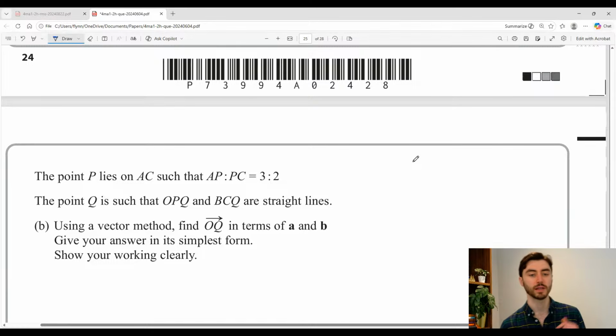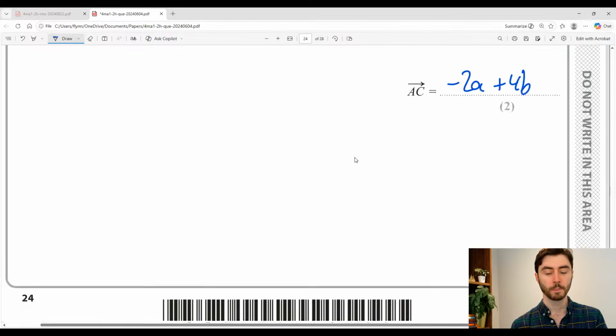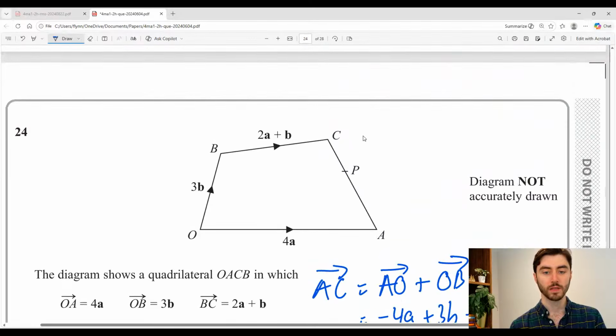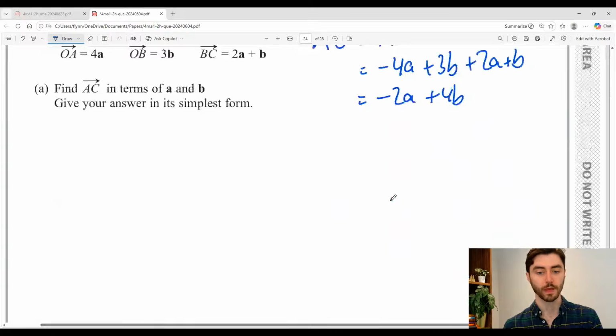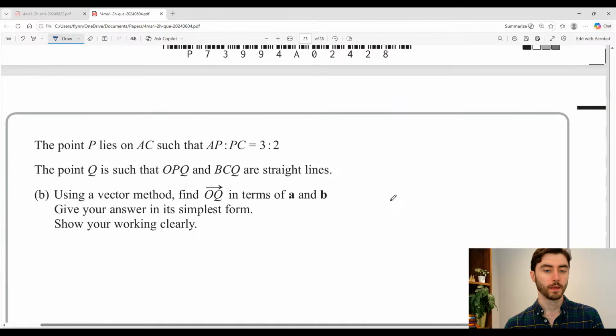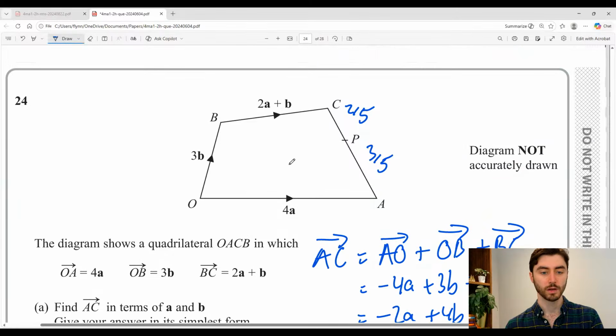Point P lies on AC such that it splits it into 3 to 2. So in other words, that's 3/5 and that's 2/5 of AC. Now, OPQ and BCQ are straight lines.